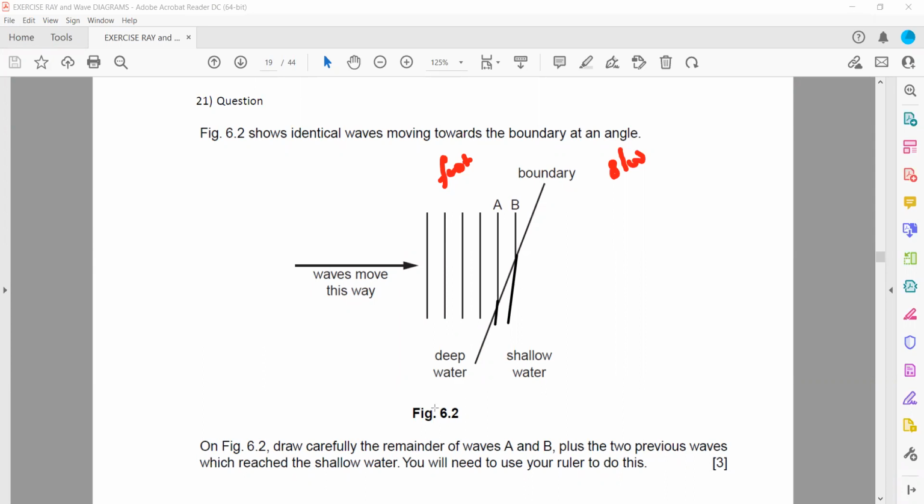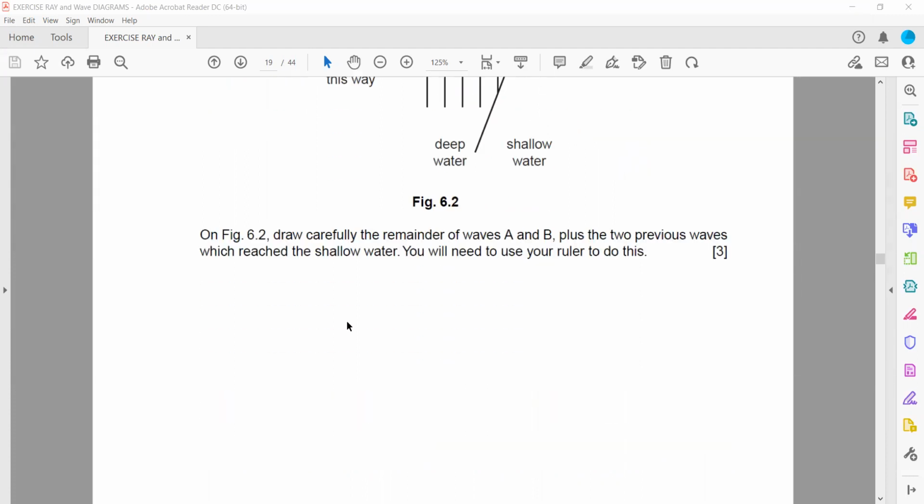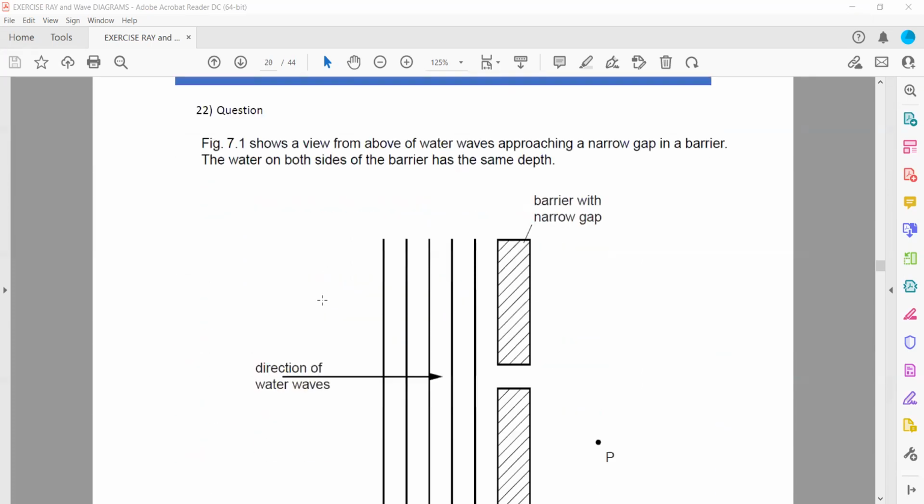On the figure, the remainder of A and B plus the two previous ones which have already passed. So we draw the wave in this manner, because moving from deep to shallow, the speed of the water decreases. That's why the wavelength should also decrease. If it was shallow to deep, then we would draw the opposite: the wavelength should increase.